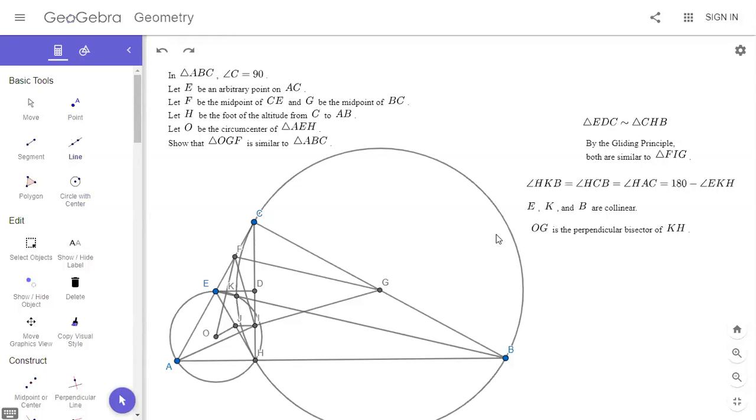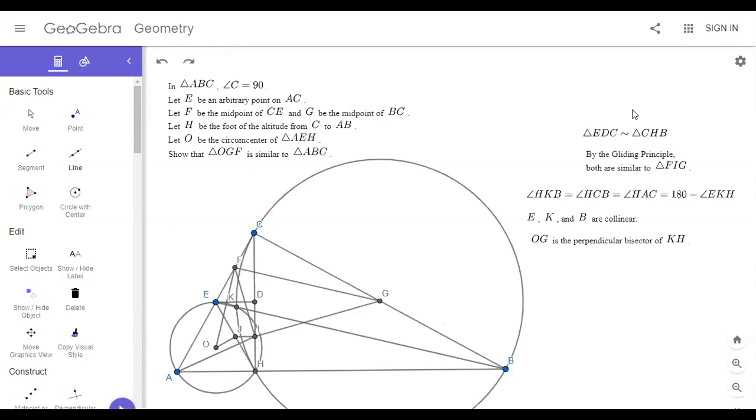And I think we might be able to just do that with an angle chase. Yeah, I think we can use an angle chase to show that. Angle CKE is 90. Yeah. So Timo is saying, let's see, angle CKE is 90 degrees.